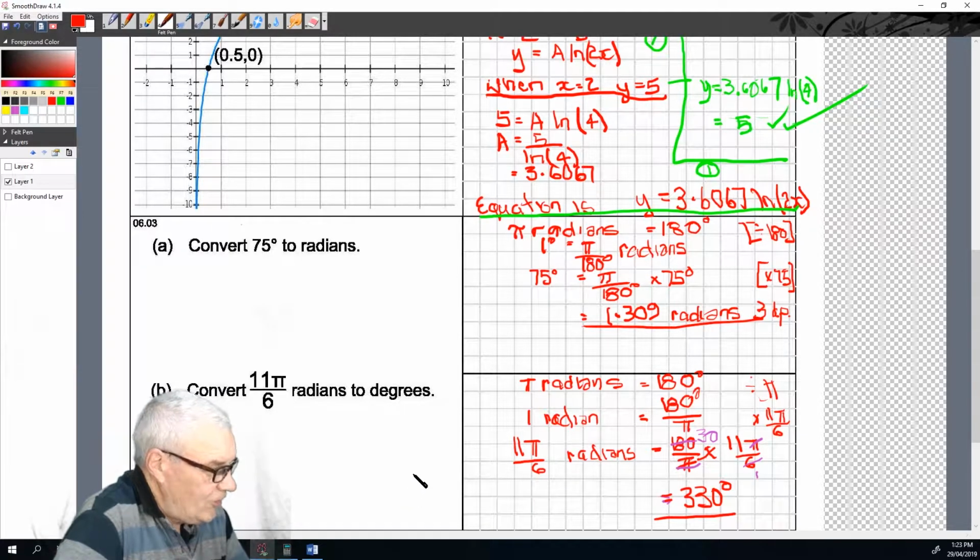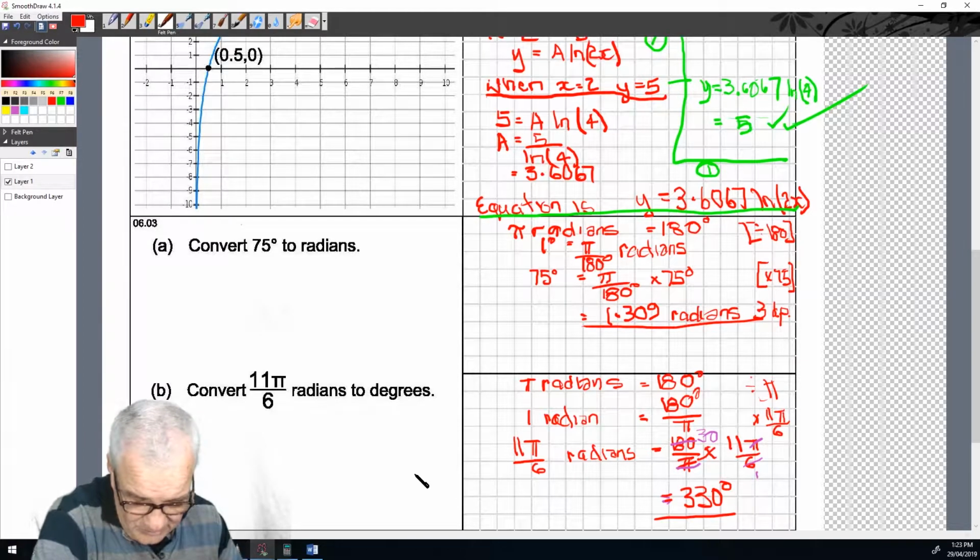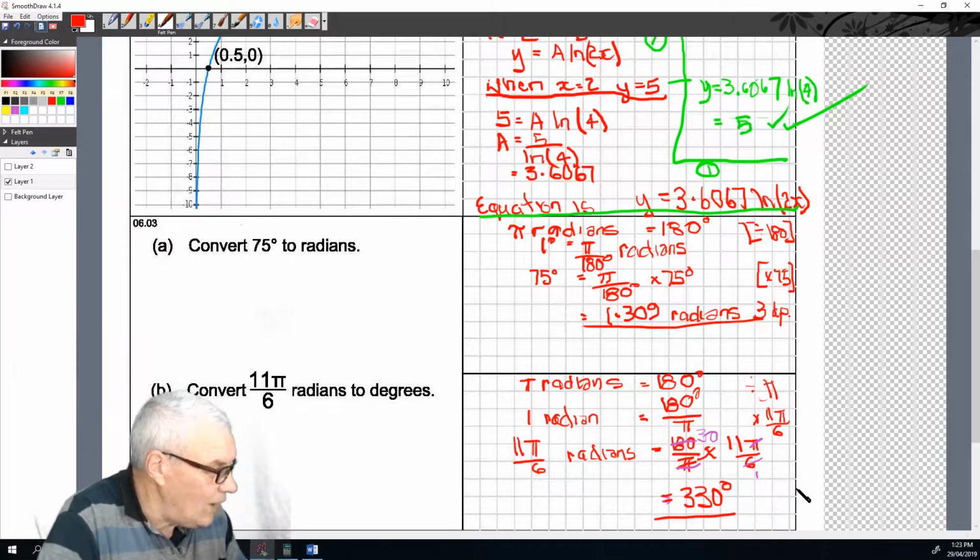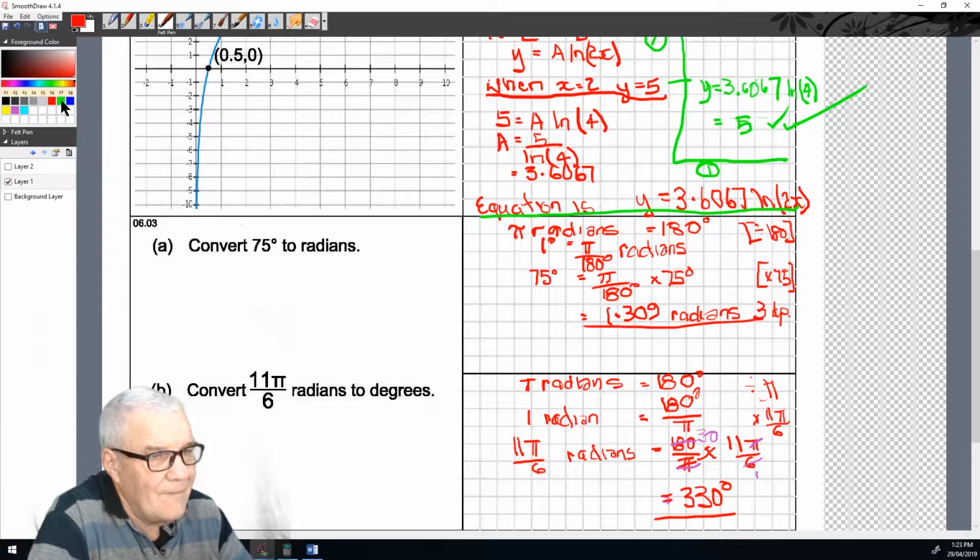So pi's cross out, 30 times 11, 330, 6 goes into 180 30 times. So, yeah, pretty simple. 1 mark for each of those.